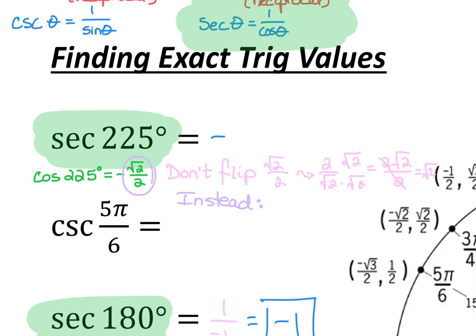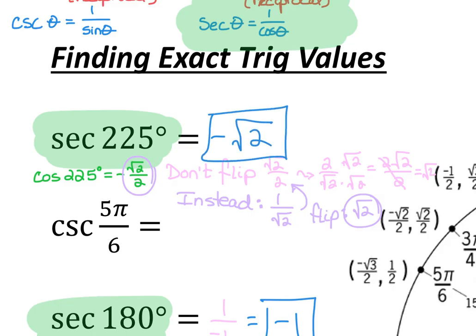We said that for the 45 degree angles, cosine and sine were 1 over radical 2, and that's where we got the radical 2 over 2 from. And so flip 1 over radical 2, and that gets you just radical 2 over 1, or just radical 2. So that's going to be your answer for secant of 225 is negative radical 2.